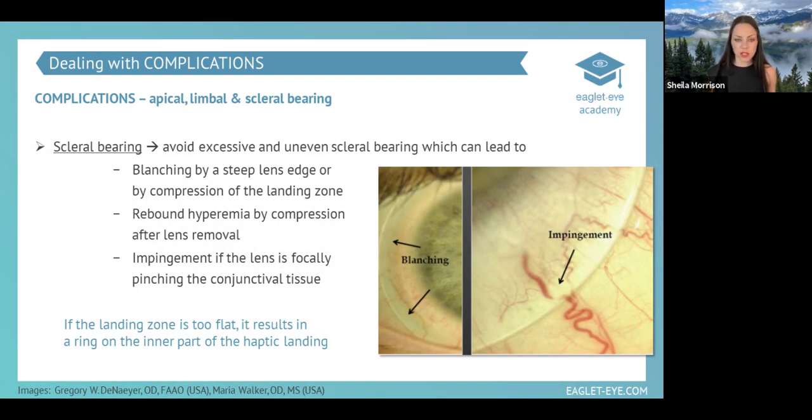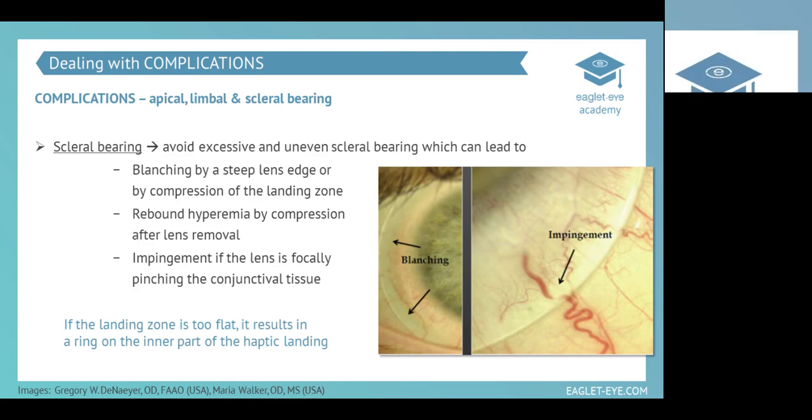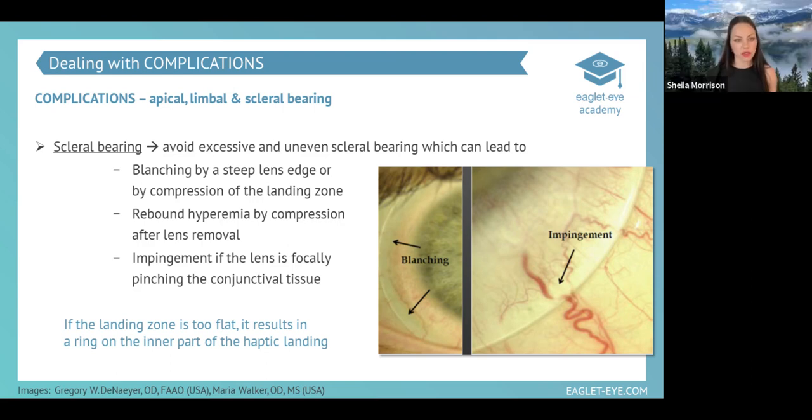When the lenses bear too tightly on the sclera, this translates to discomfort as the biggest problem. Patients will struggle with comfort while they wear the lens, and they will also suffer from rebound hyperemia, red eye, where the lenses come off and they flush really, really red. Patients often ask, is it normal to have a ring? Is it normal to have an impression ring from that lens?